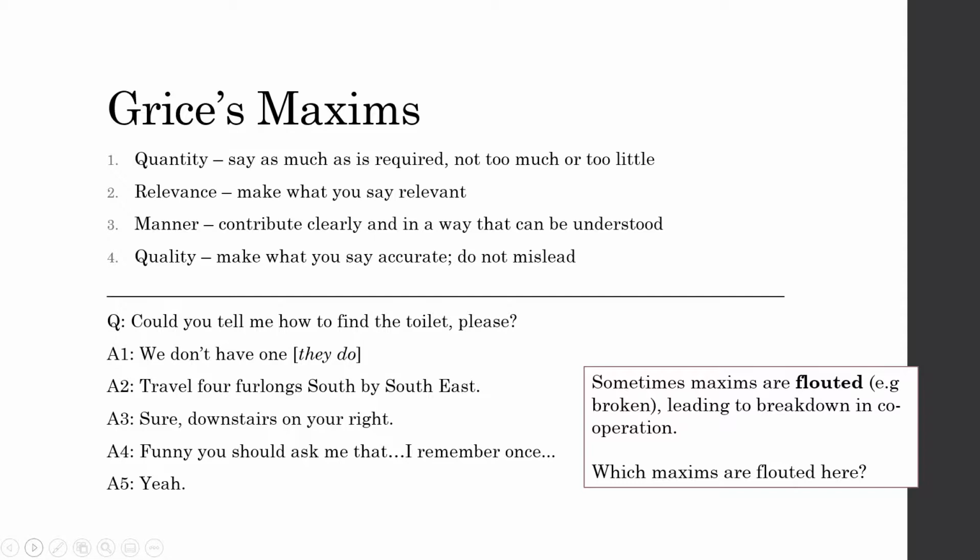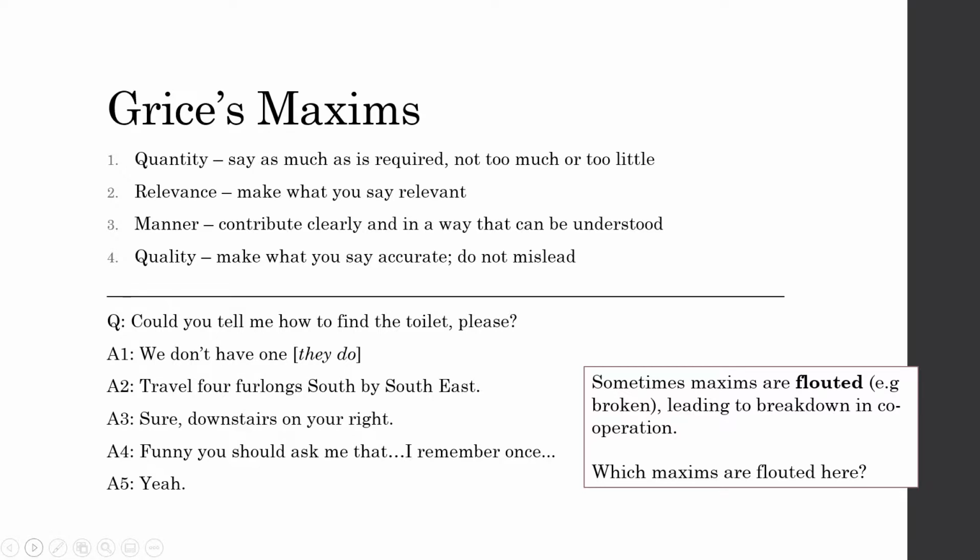The speaker in that context has failed to interpret the request. They've interpreted the question as a question about whether they could or couldn't tell them how to find the toilet, and therefore they haven't given the right quantity, and they haven't communicated in the expected way. So these are where communication breaks down.